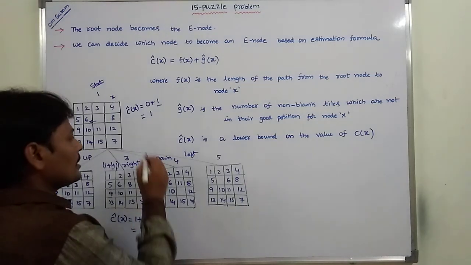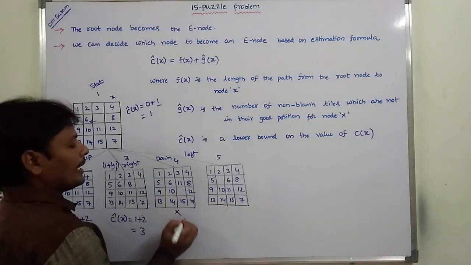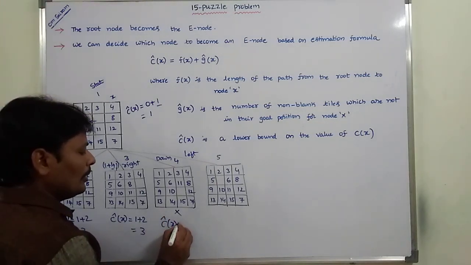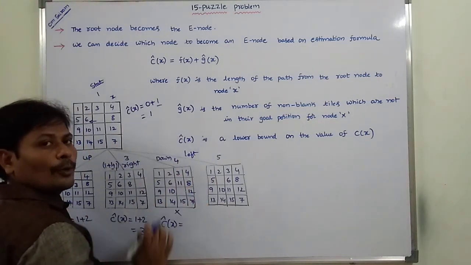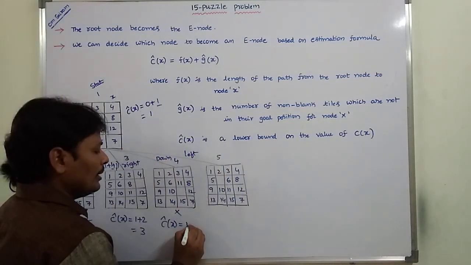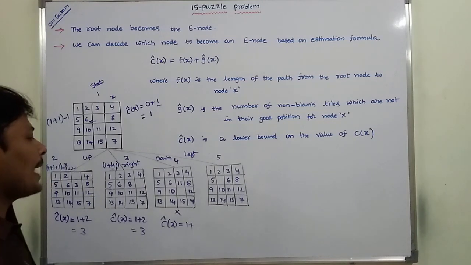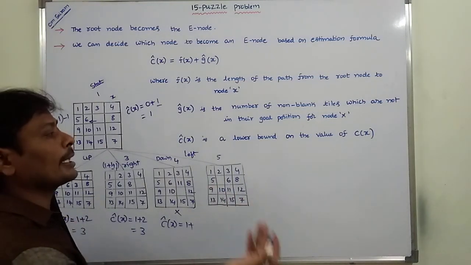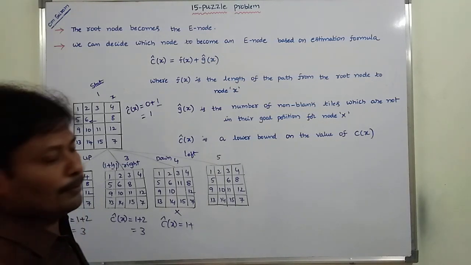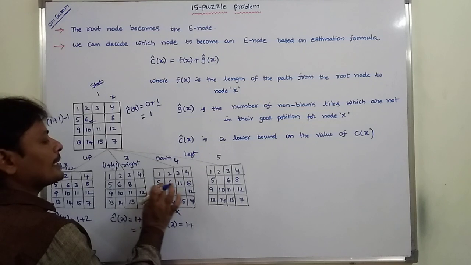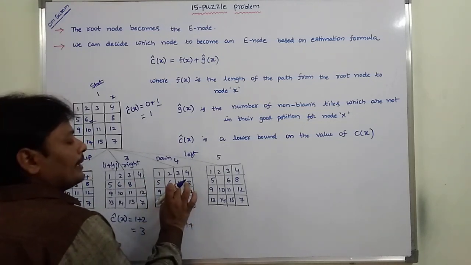Next one, this one, suppose this is taken as node x. So c cap of x is equal to the length from the root node to this node, level 2 minus level 1. 2 minus 1, that is 1, plus how many tiles are not in the correct position when we compare to the goal position. 1, 2, 3, 4 correct positions, 5, 6 correct position, 11.